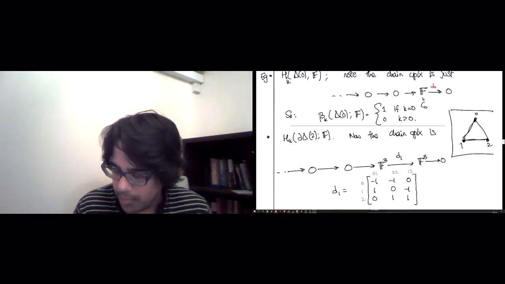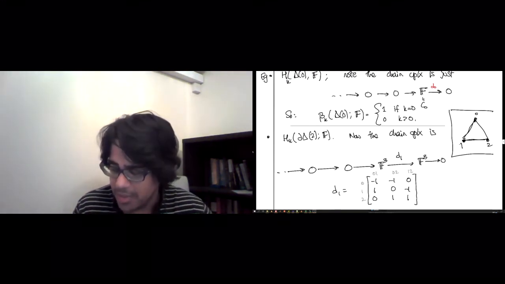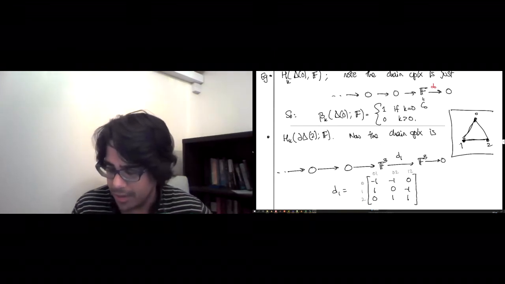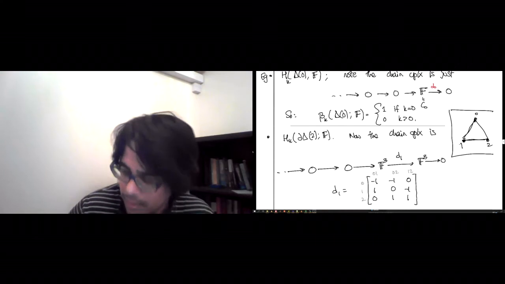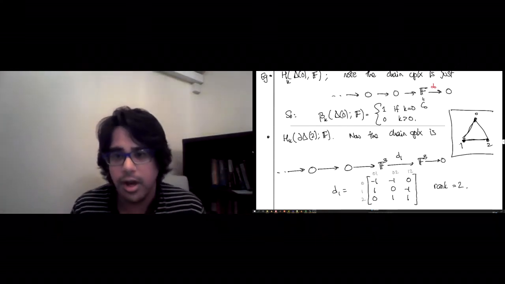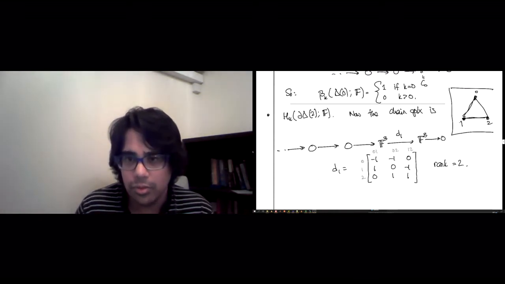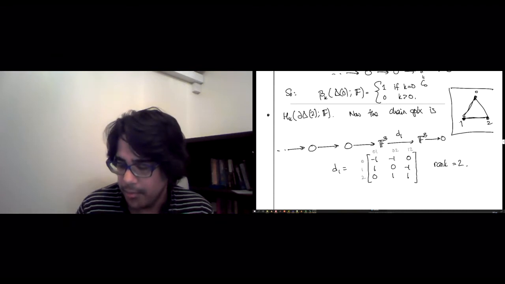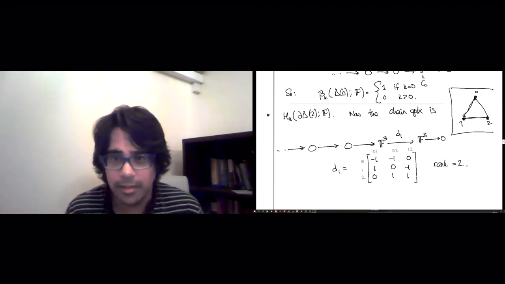Well, if you take the second column and subtract the first column, you should get the third column, which means that this thing has rank 2, because the 3 columns are not linearly independent. Now, if this matrix has rank 2, then its image is 2-dimensional and its kernel is 1-dimensional.